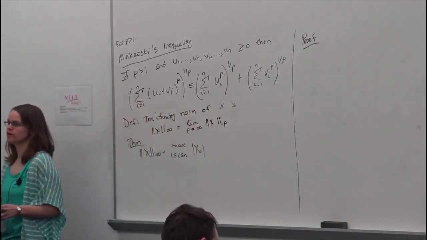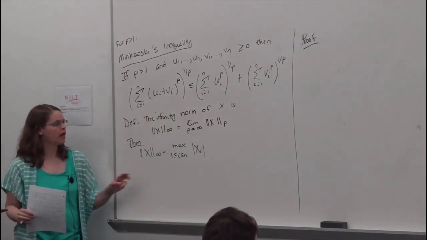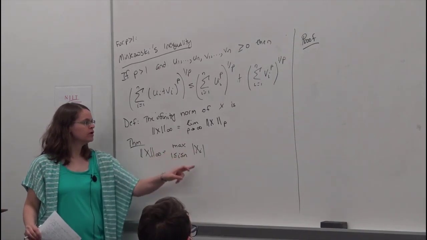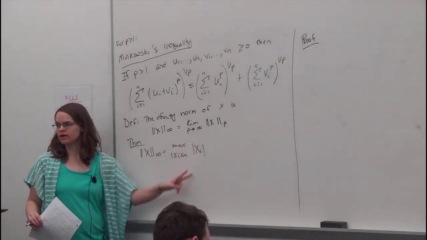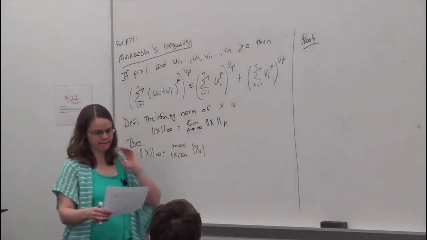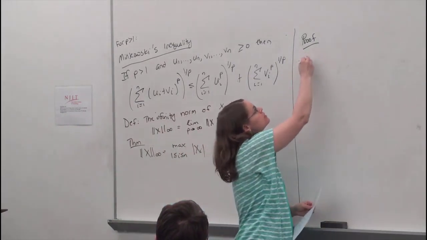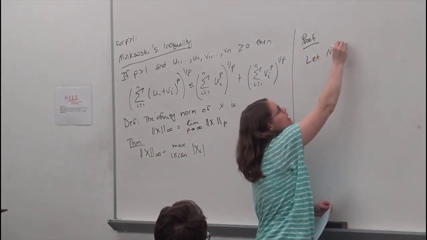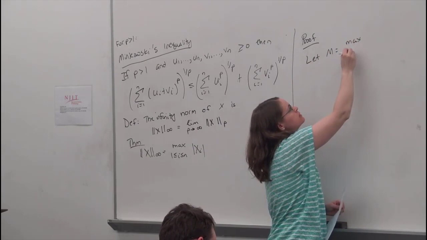Okay, so let's try to prove it. So I'm going to give this a name so that I don't have to keep writing all of this out. I'm going to call this M. So M is this maximum.